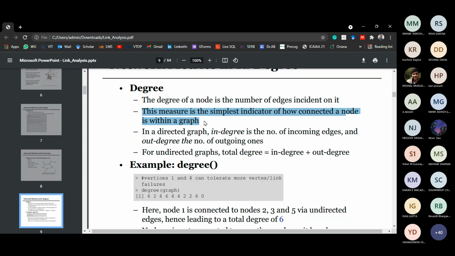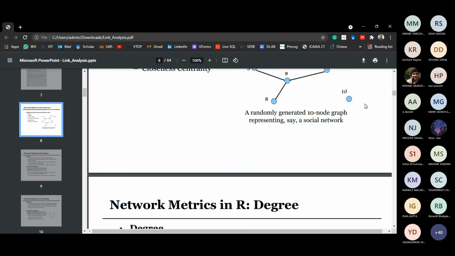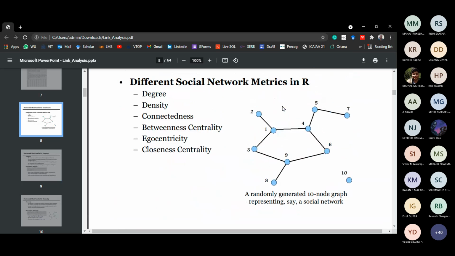We have two different graphs, one is a directed graph and another is an undirected graph. Am I right? Let me take this example. Is this a directed or undirected graph? This is obviously an undirected graph. Undirected means there is no arrow mark from source to destination. There won't be any directed edge between the nodes.